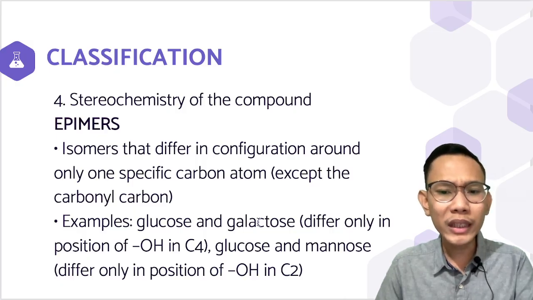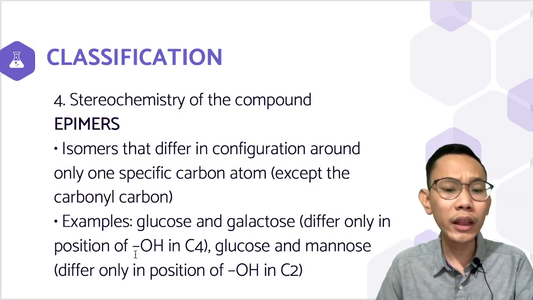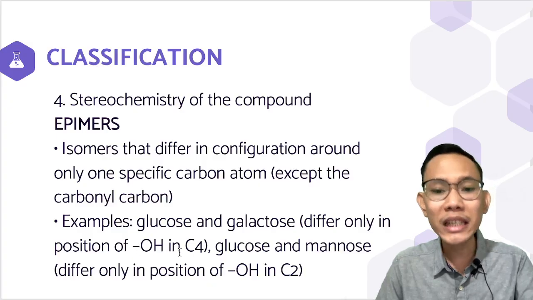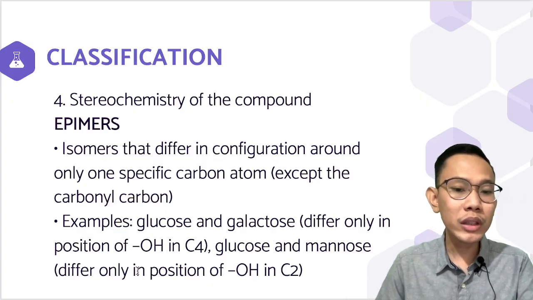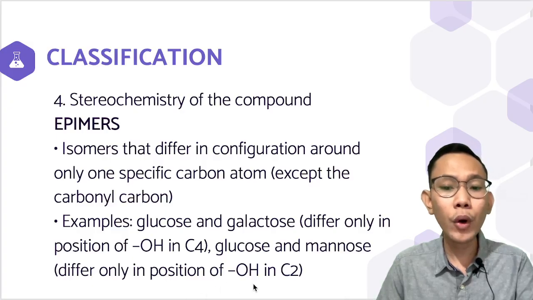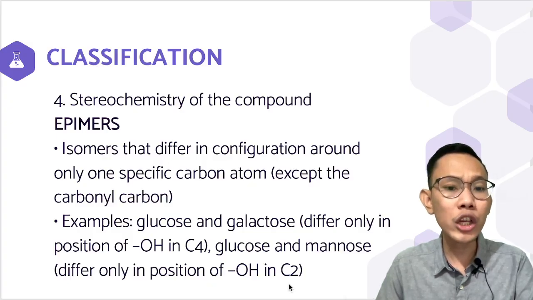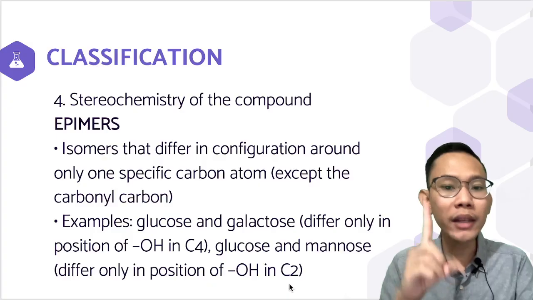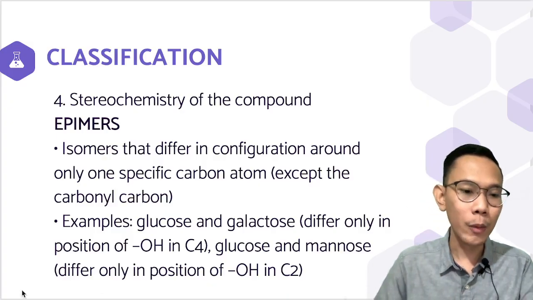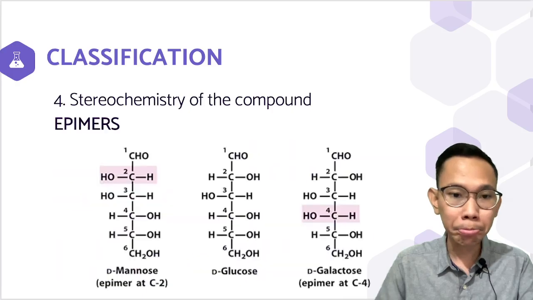Example, glucose and galactose differ only in the possession of your OH in C4. Glucose and mannose differ only in the possession of OH in your C2, as long as they just differ in configuration around only one specific carbon atom. Sige, we have a better diagram to that.